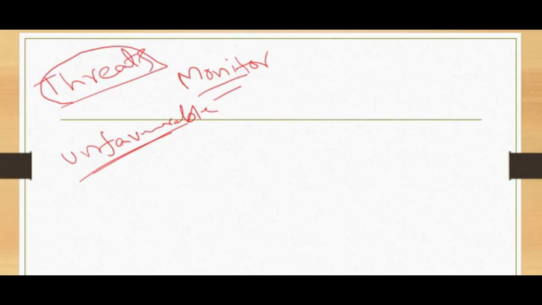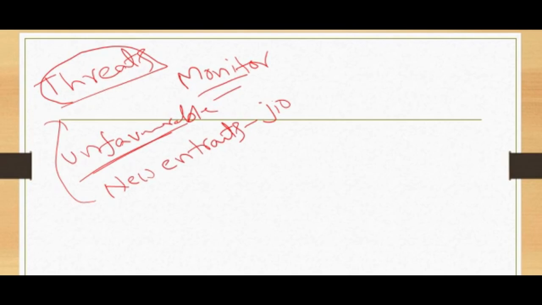Let's say for example new entrants. Sometimes new entrants are very dangerous and a threat for you. Let's take an example of Jio. Everybody knows, when Jio entered the market as a new entrant, it gave trouble to all existing players, right?